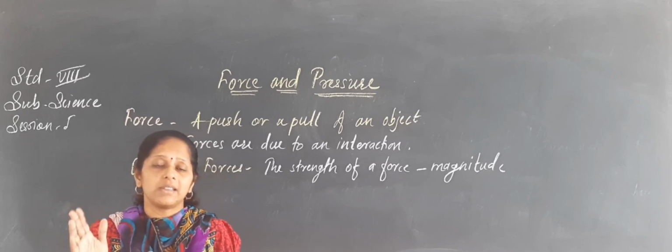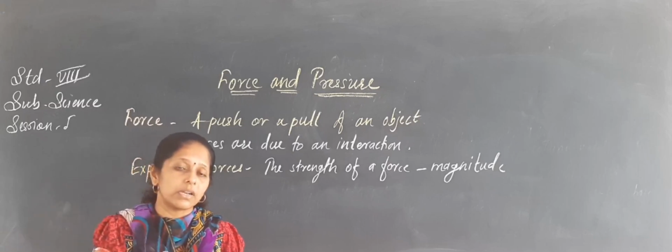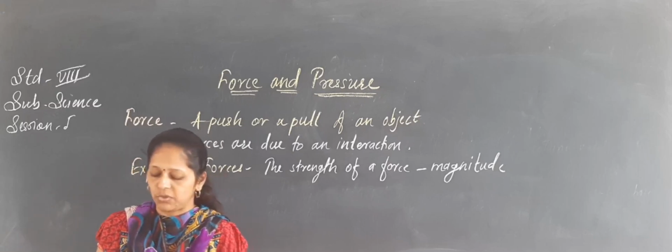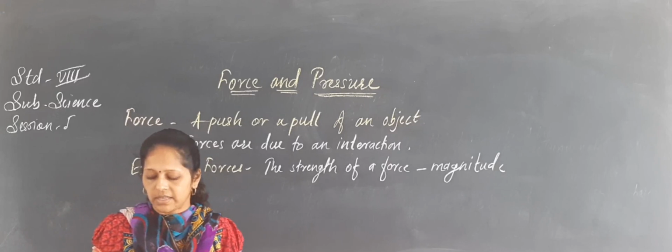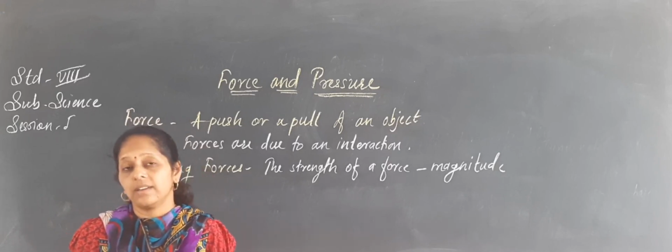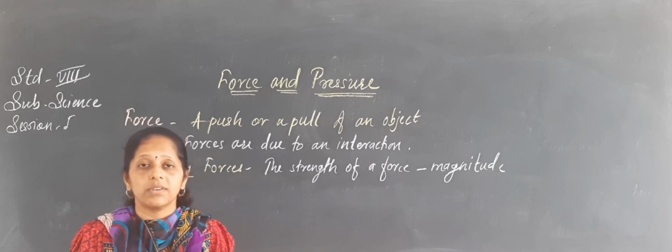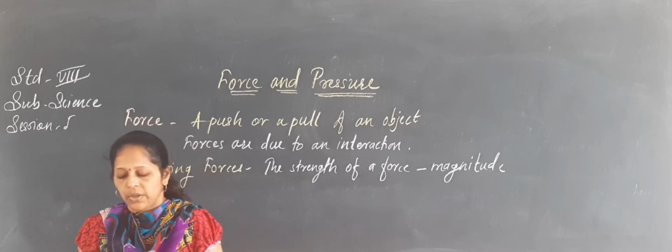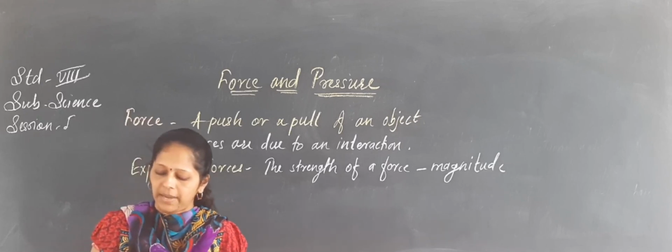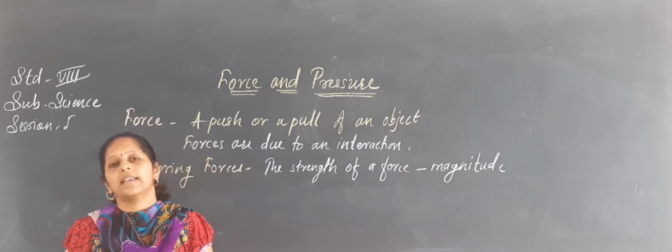So all these changes are there: moving faster, slowing down, or changing the direction of motion. In all situations we observe that the ball moves faster, slows down, or changes direction. We often say that a force has been applied on a ball when it is kicked.